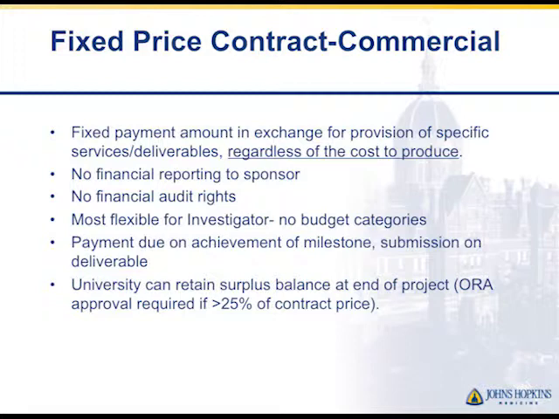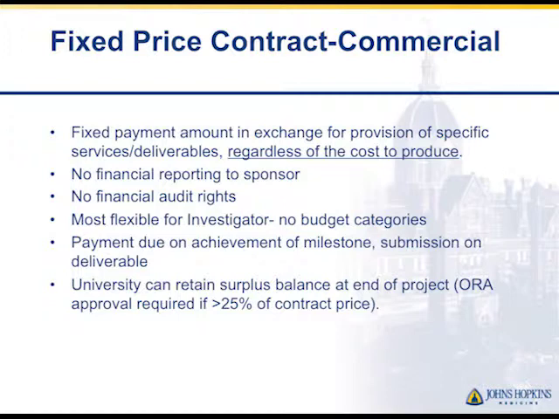A fixed price contract is a fixed payment in exchange for the provision of specific services or deliverables, regardless of the cost to produce. So the cost to us is not factored into the payment that we receive. We receive a fixed price for delivering a specific deliverable or performing a specific service. And that is a quid pro quo arrangement.